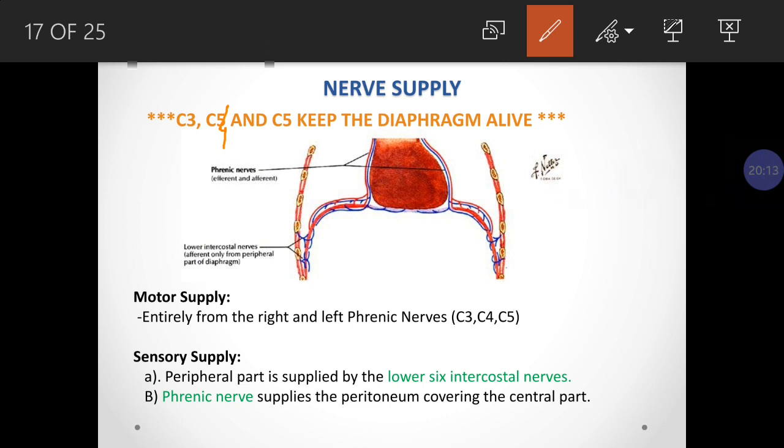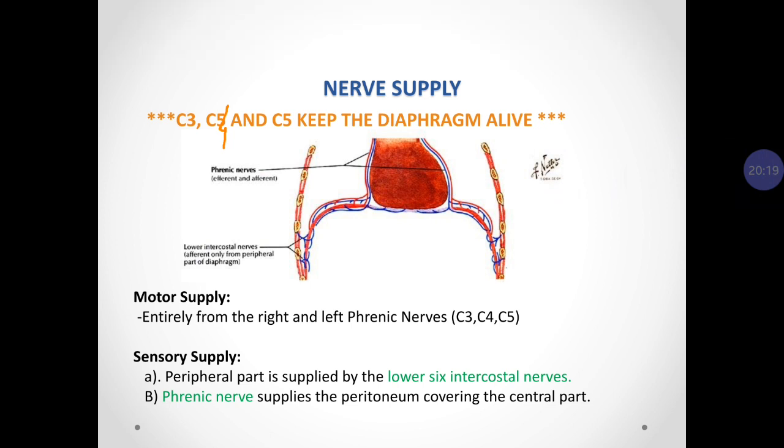After the nerve supply, we'll move on to the functions and actions of the diaphragm. There are 4 important functions which are linked to the diaphragm. Number 1 is that the diaphragm is considered a muscle of inspiration. Number 2, the actions of the diaphragmatic muscles help in the thoraco-abdominal pump, which we will discuss later.